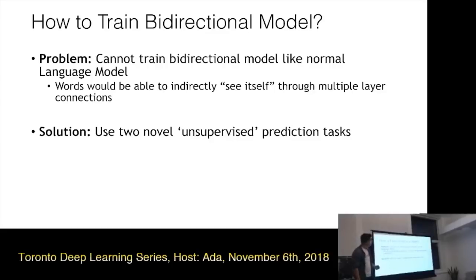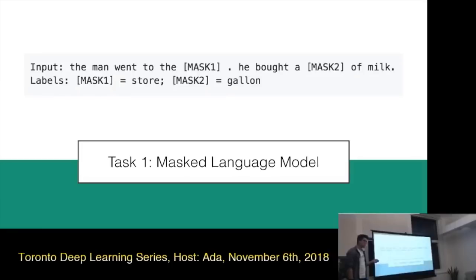So what is the first of these two novel unsupervised tasks? Well, the first task is a masked language model, also known in the literature as the cloze task. The idea is that you take an input, which is just a sentence in your text, and you mask out about 15% of the input. Its original sentence was, the man went to the store, he bought a gallon of milk.